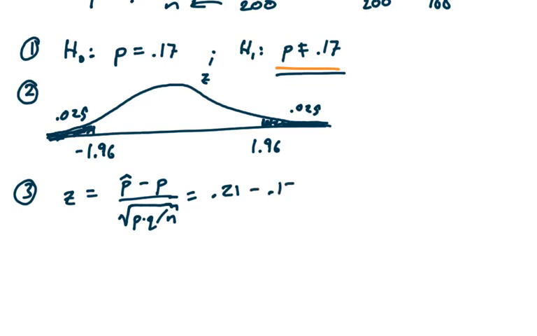The hypothesized population proportion is 17%. Then we pop in the values for P and Q: 0.17 times 0.83, and inside that square root, we're dividing by 200.